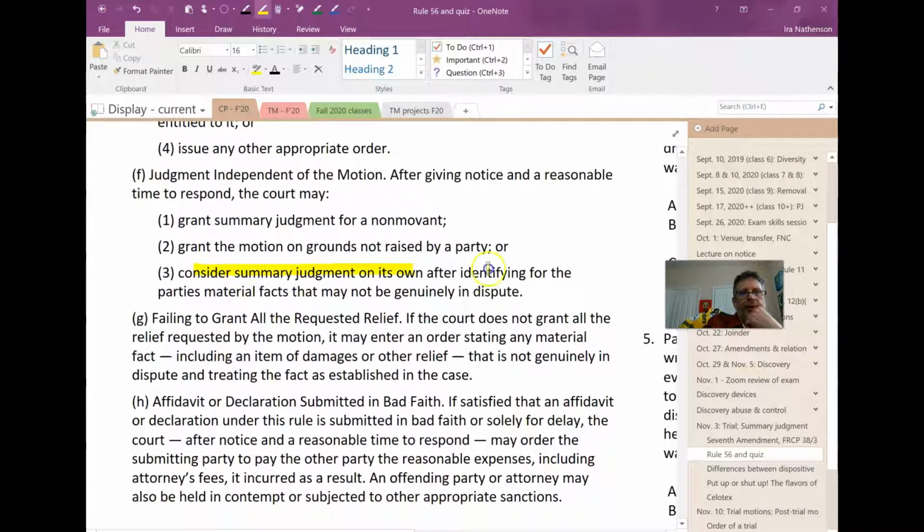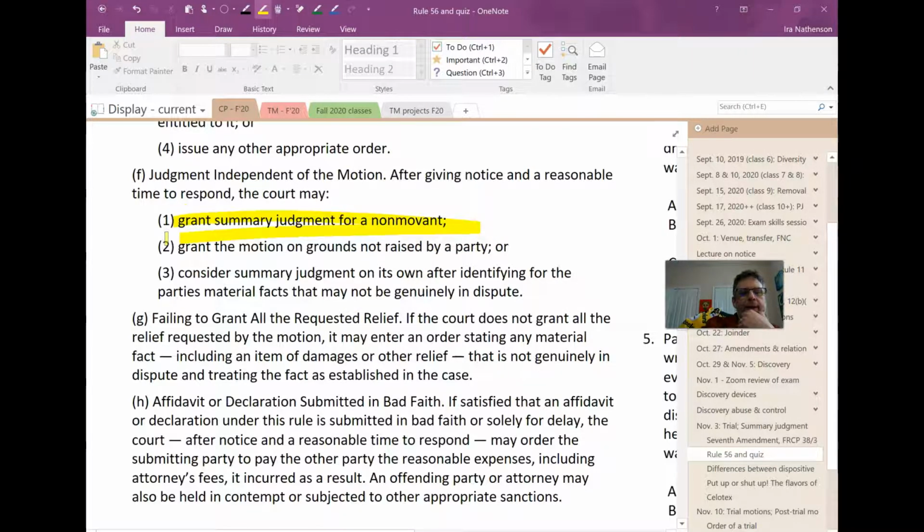Court can grant summary judgment sua sponte. So the court can say, hey, maybe this case is ripe for summary judgment. But because of due process, it's got to give the litigants an opportunity to consider summary judgment. The court can even grant summary judgment on grounds not raised by a party. But again, due process, give the parties a chance to consider the issues.